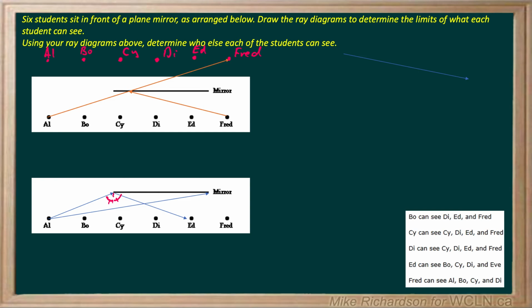So if I grab that ray and bounce it off the mirror at the far side, I can see the limits of images that Al can actually see. And again, I have eyeballed it here, but the idea is this far ray, that angle and that angle should be the same. So you can see that anything in this region is visible by Al in the mirror. So he can see Ed and he can see Fred.